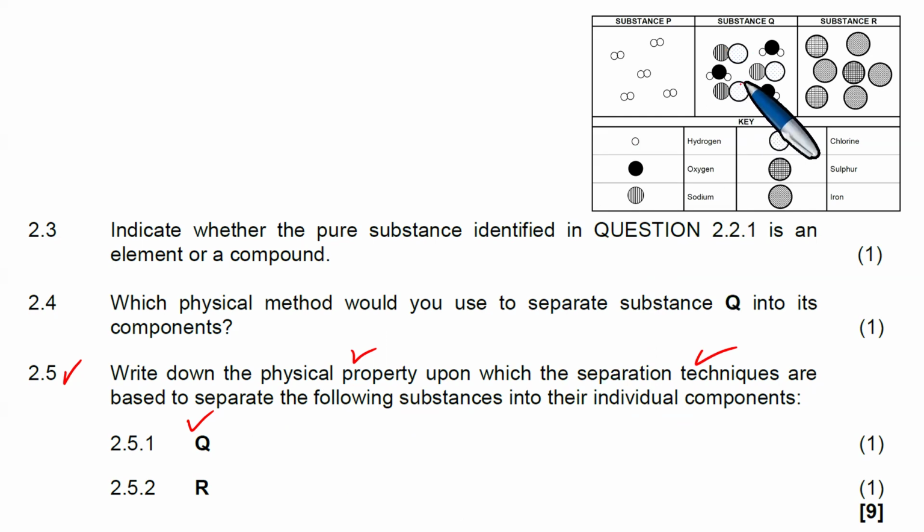So if you want to separate the substances here, we've already said that the black one is oxygen, and this is hydrogen. So oxygen and two hydrogens, we said already, is H2O.